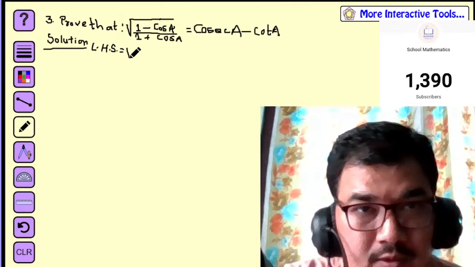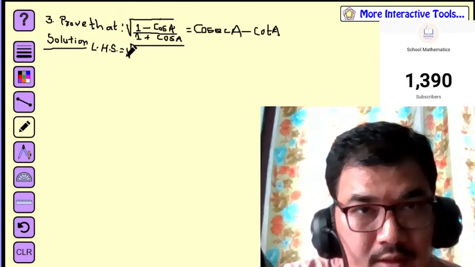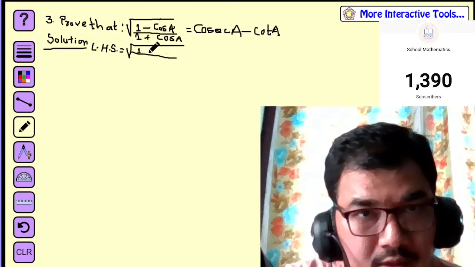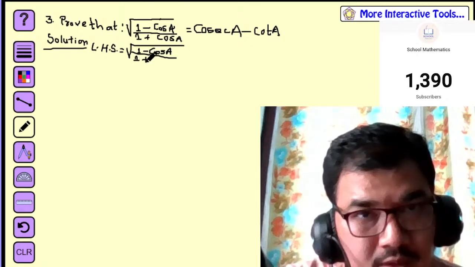Left hand side equals the square root of 1 minus cos A in the numerator and 1 plus cos A in the denominator.